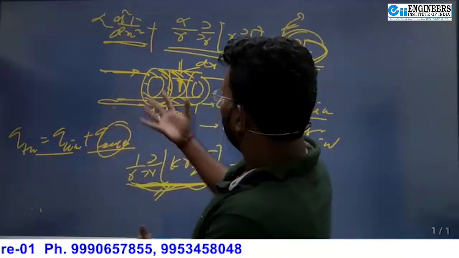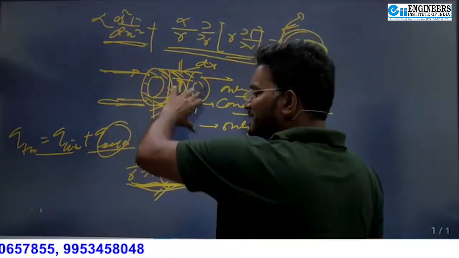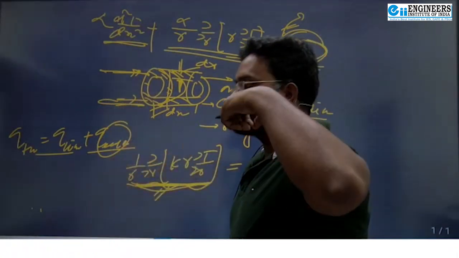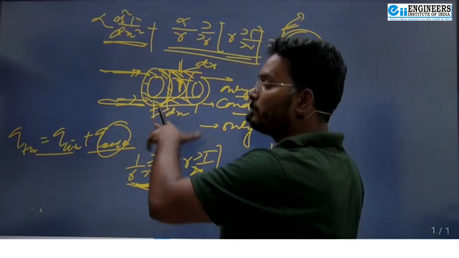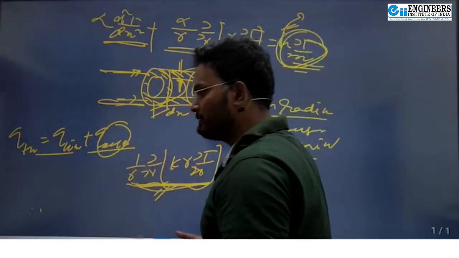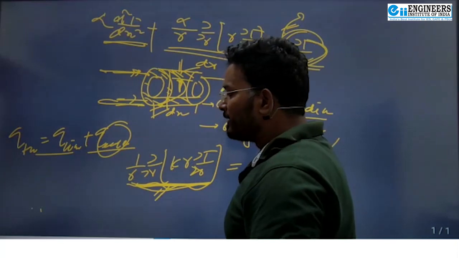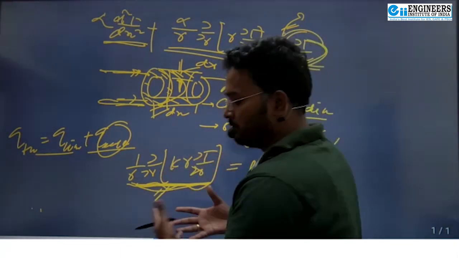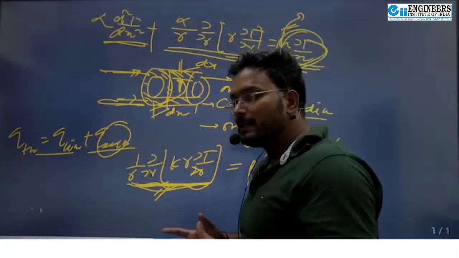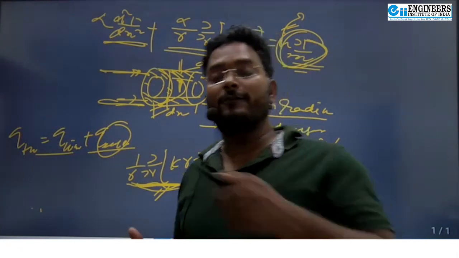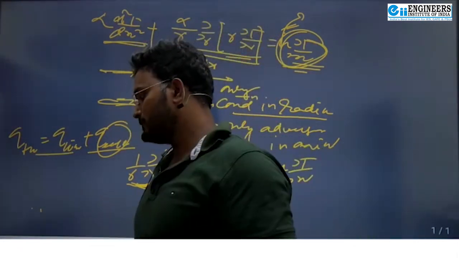So although bulk motion is there, it means this is the heat transfer along with the bulk motion. Whenever any transport property is taking place in presence of motion, that should be represented in terms of the convective heat transfer coefficient. Similarly, if any mass transfer is taking place in presence of fluid motion, its rate of mass transfer should be defined in terms of a coefficient called the mass transfer coefficient.